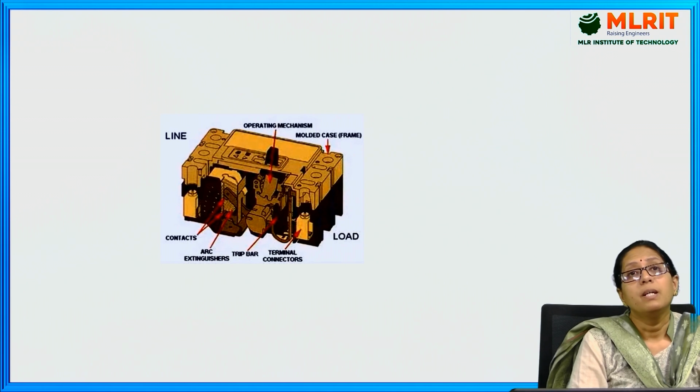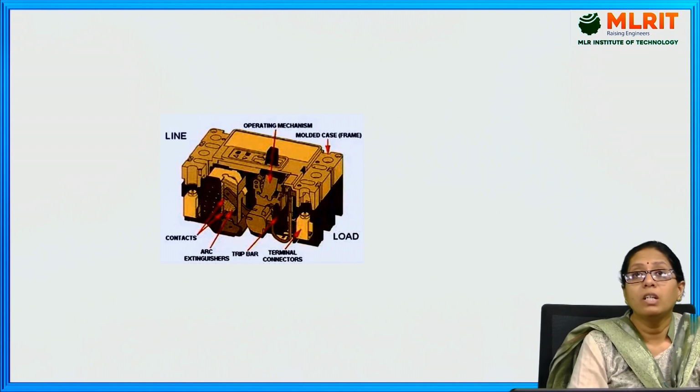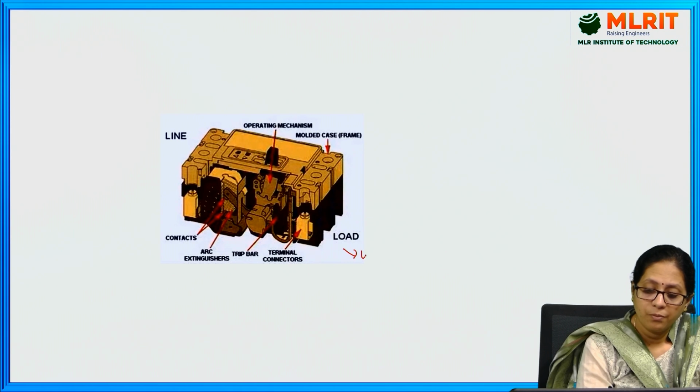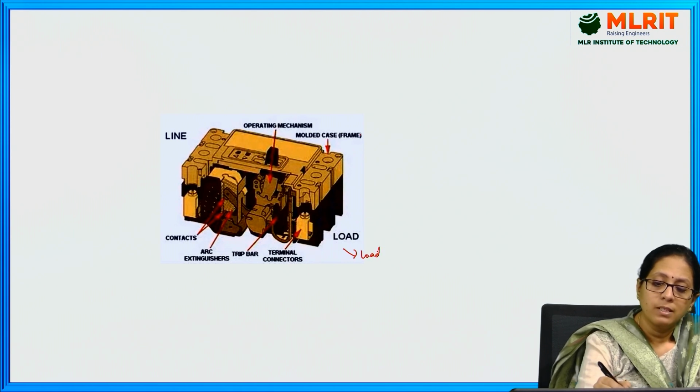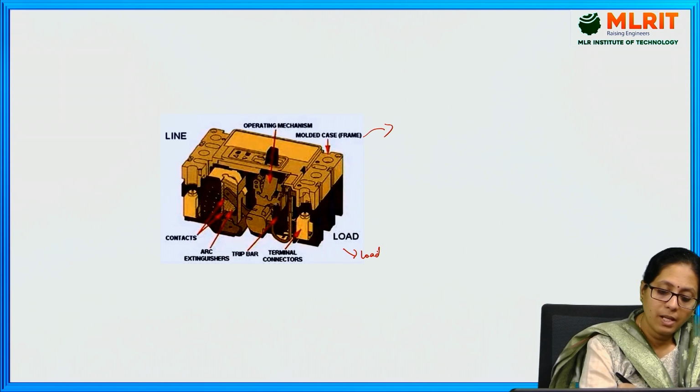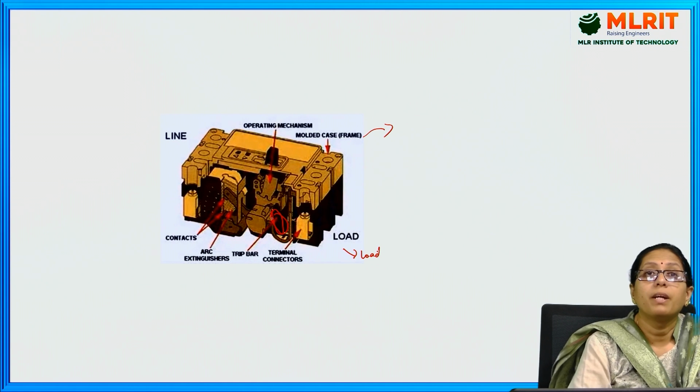This is a picture of MCCB where this is connected to the load. This is the frame. This is the operating mechanism. That means here you have a lever which is being connected. The operating lever can switch the circuit breaker on and off.